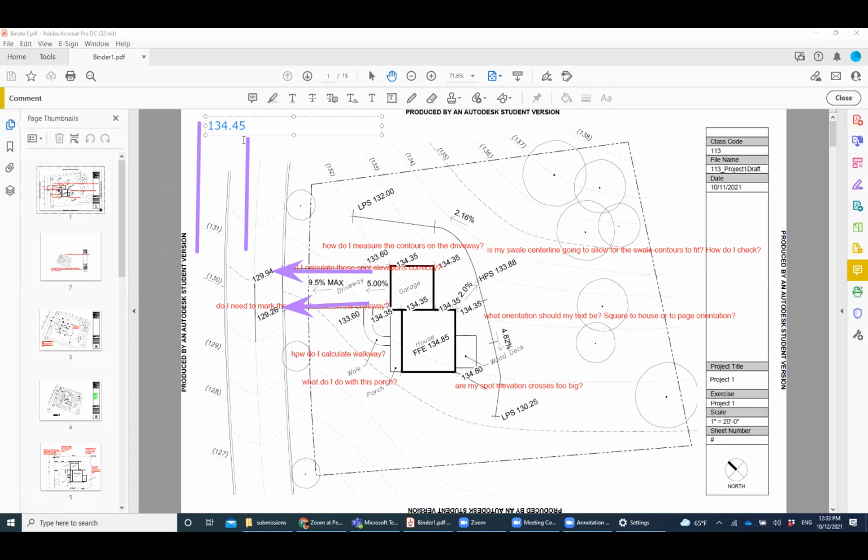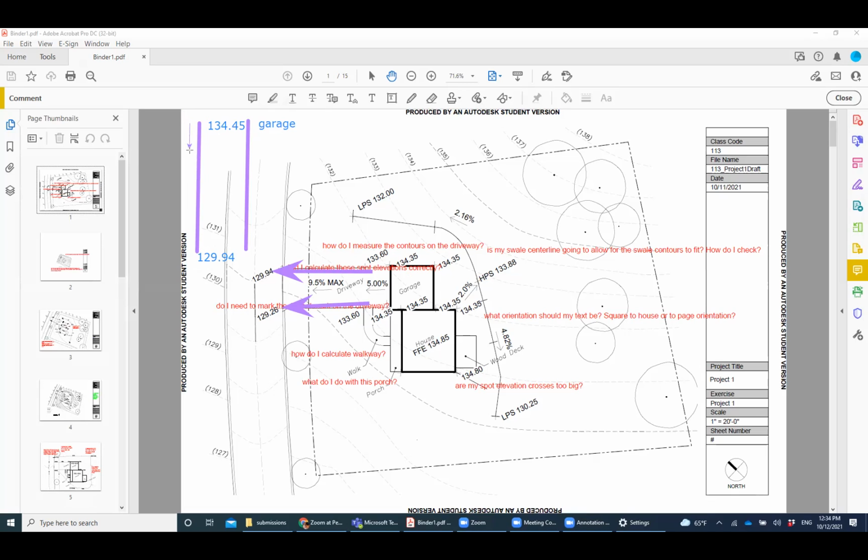It is. I forgot to mark that. Yeah. So both of these are 134. Here is the garage, and this is the end of the driveway. This line is 1.94. If I just calculate this line, if I have a 5% slope, now I need to know how far apart my 134 should be. Basically, I need to calculate, let me put this thinner.